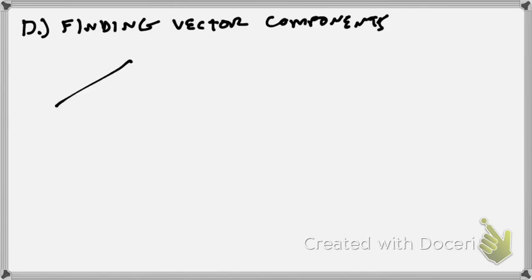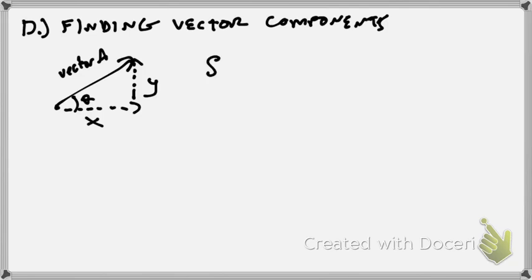So if you have this vector A, you need to understand its components. It's going to have an x component and a y component, and if given an angle here, you need to know how to get that opposite value.